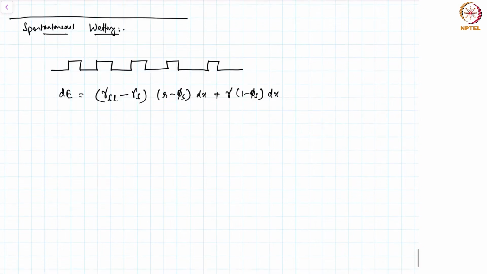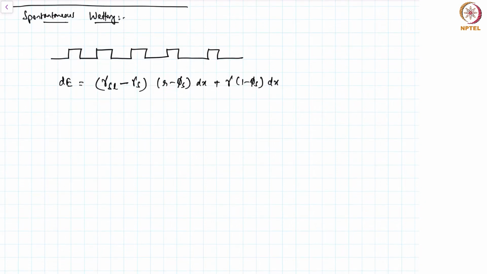And if we look at this case, then spontaneous spreading or wetting of the surface will occur if this quantity dE is less than 0.